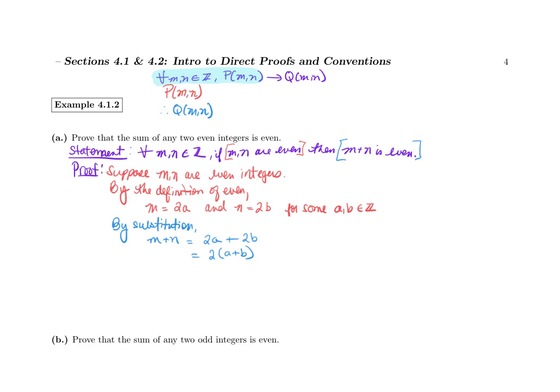But we need to show this to our reader, so we're going to say, let p equal a plus b. Then we know that p is an integer because integers are closed under addition. Integers, remember, are also closed under subtraction and multiplication.